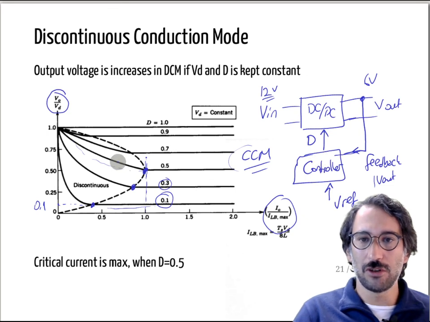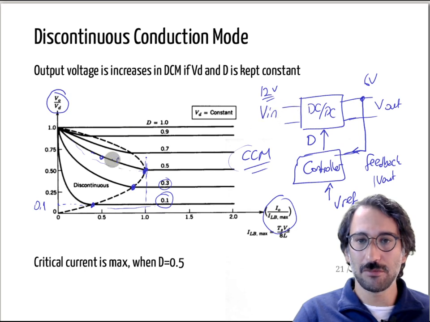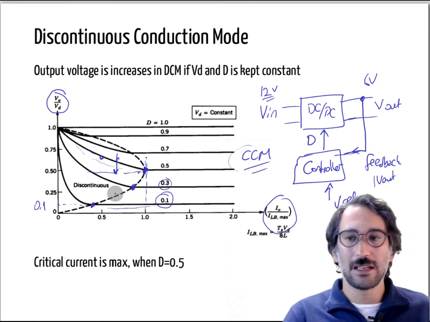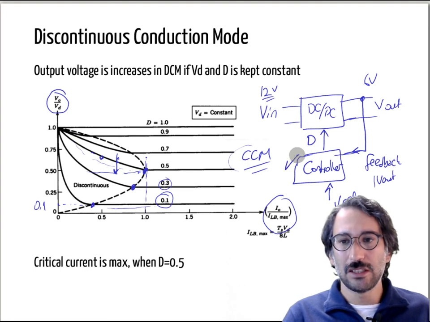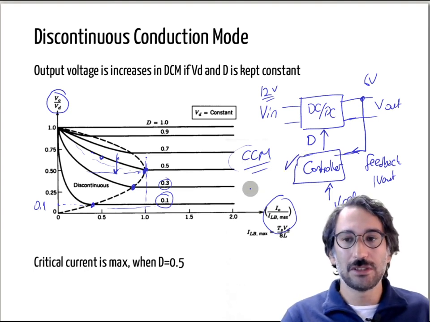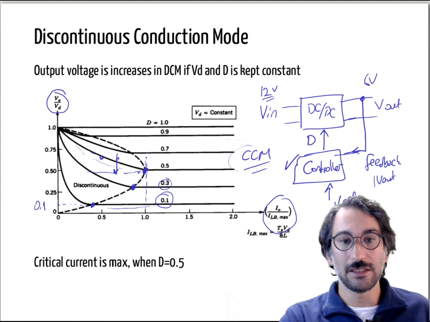So even if your output voltage starts climbing due to the discontinuous conduction mode, you can reduce the duty cycle, and you can keep it at constant voltage. So that transition is important, just to show the requirement for a controller in a DC-DC converter.